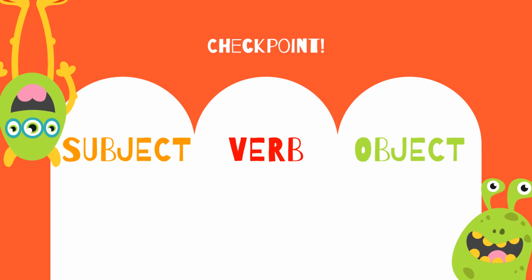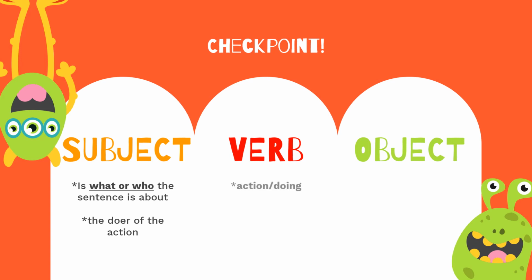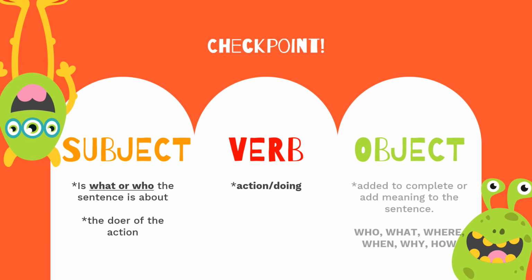Now, before moving on to our next sentence style, let's have a checkpoint first. So remember, the subject is who or what the sentence is about, the doer of the action. The verb could be action or being. And the object is added information to complete or add meaning to our sentence.